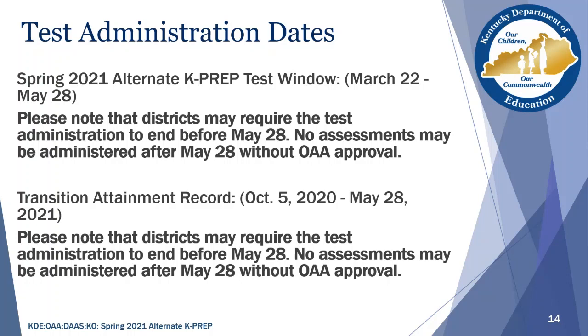So again, those starting and ending dates are provided here, along with if there are any specific guidelines around that. The end date can be an earlier date for districts if they so choose, and anyone testing beyond that May 28th date must seek permission from the Office of Assessment and Accountability.